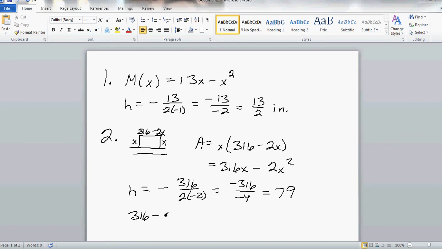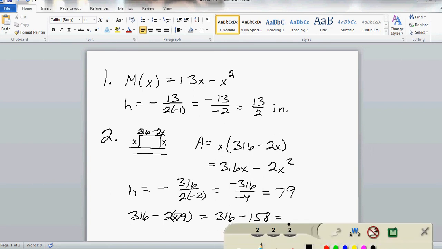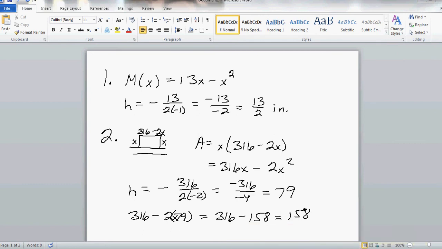The other dimension is 316 minus 2x. Well, x is 79, so that'd be 316 minus 158, which is equal to 158.